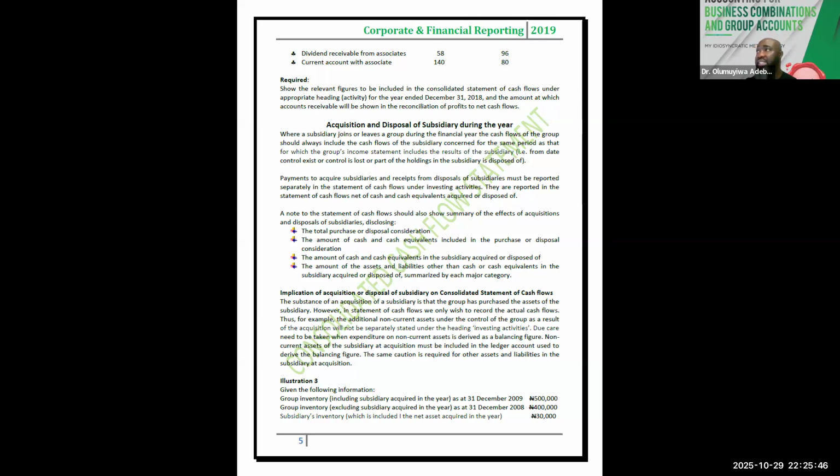Who will volunteer at this point in time to read this expression? Kindly show up your hand, please, so that I can accept you.